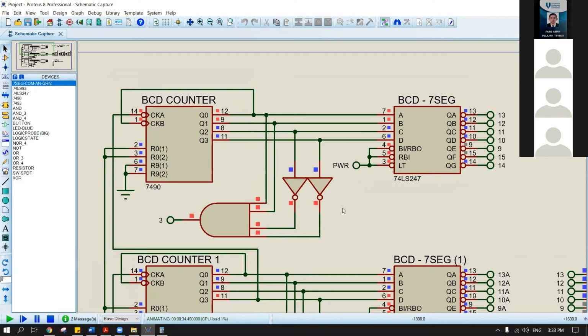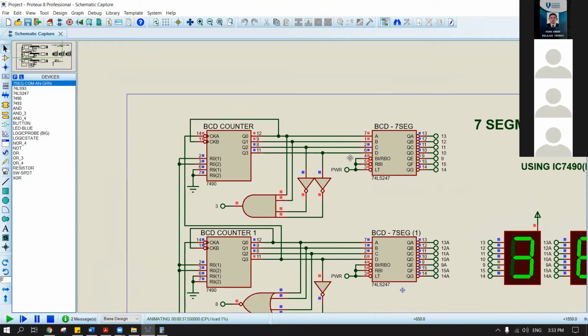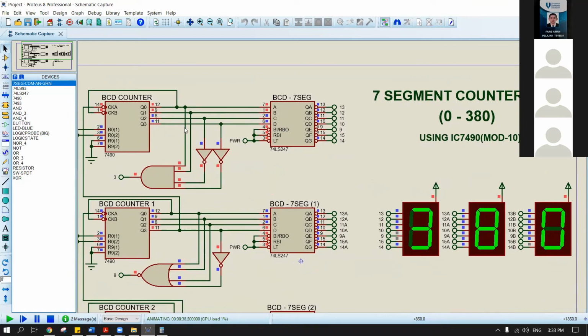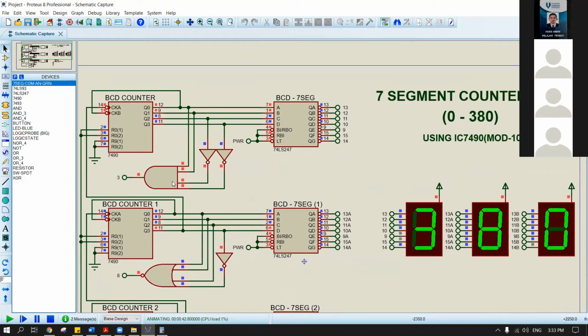So why do we have to put this gate? If we don't put the gate, the counter will count from 0 to 9. So we have to put the gate, and the output from the gate we have to put at the clock of the BCD counter, because we have to reset after 3.